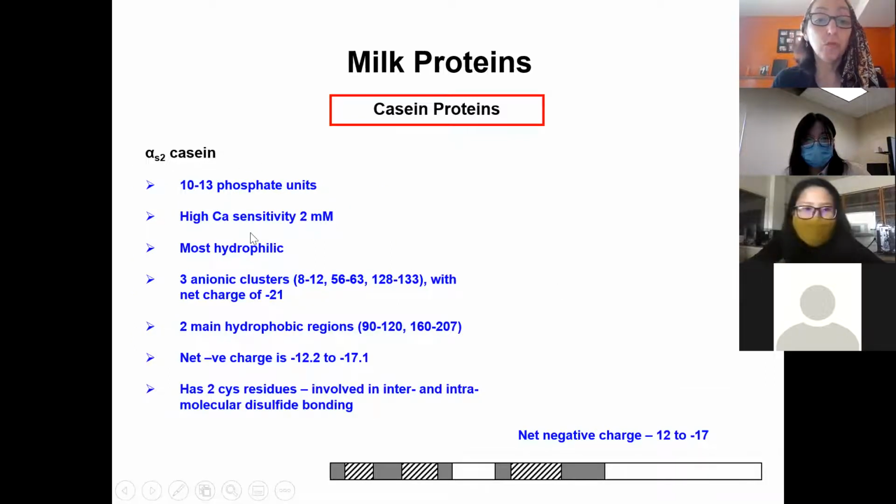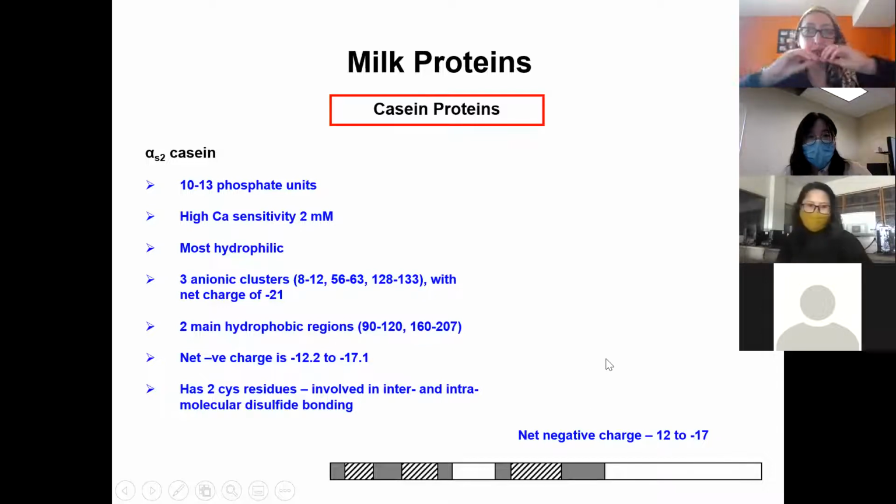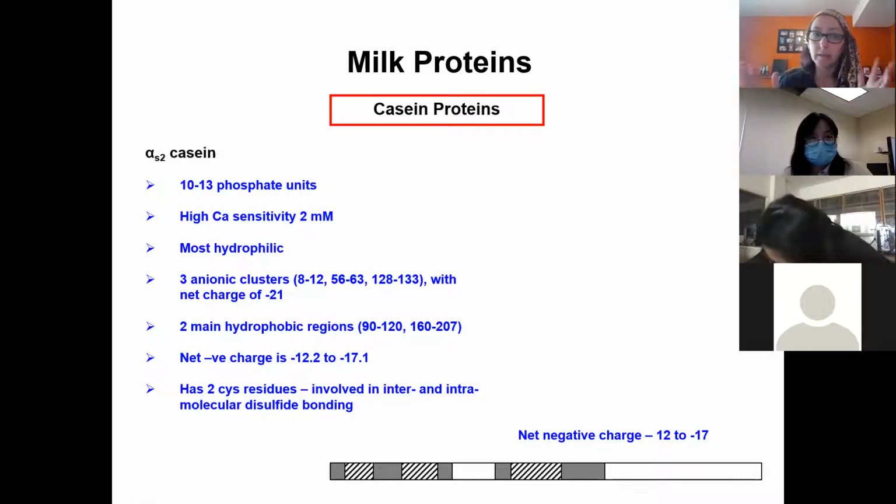The alpha S2, of course, this is not how it existed. I'm just explaining it as a strand of polypeptide. So alpha S2 is the most phosphorylated of all caseins. And because of that, it has the highest sensitivity to calcium. So at lower concentration of calcium, you can get it precipitated.